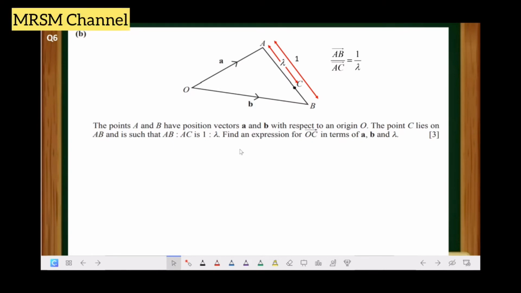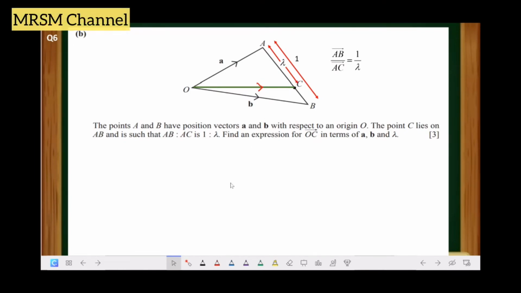It says find an expression for OC in terms of A, B and lambda. This is OC, O to C, the arrow from O going to C. When O goes to C, we use the triangle law.